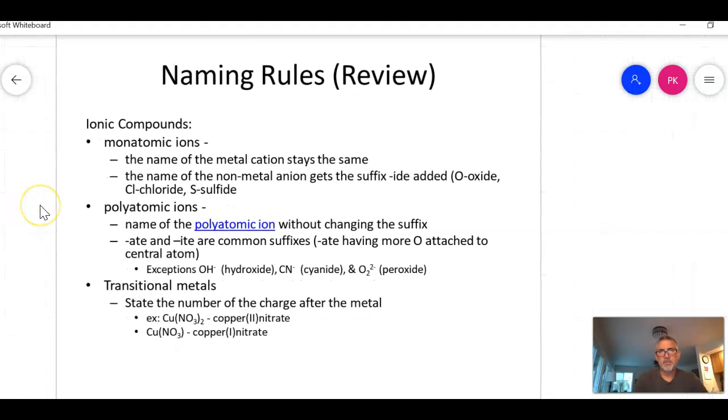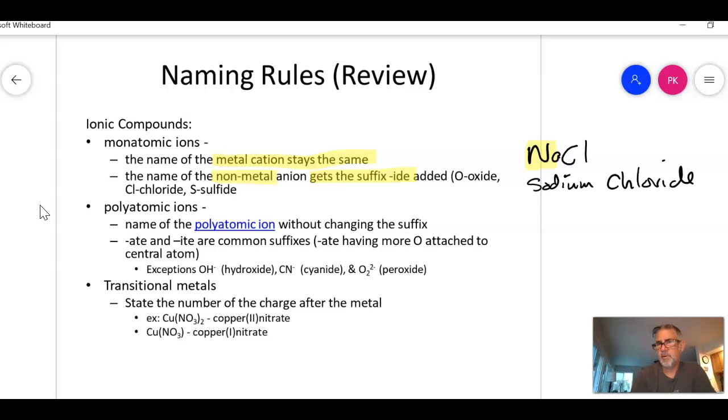Right, so naming rules. Important to know how to name your monatomic ions. So the metal cation stays the same name, and the non-metal gets the suffix ide. So if I have this, it would be sodium chloride.